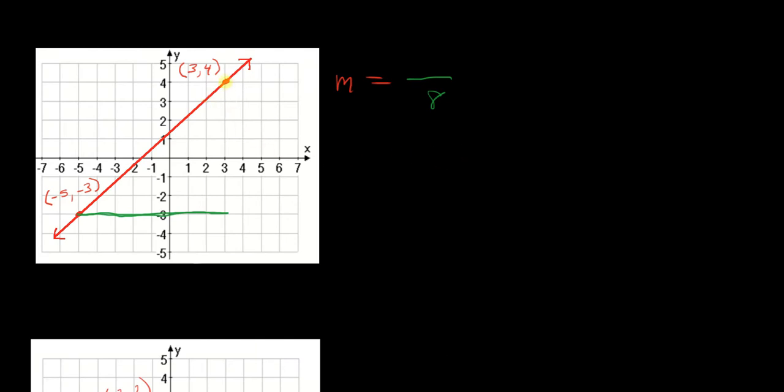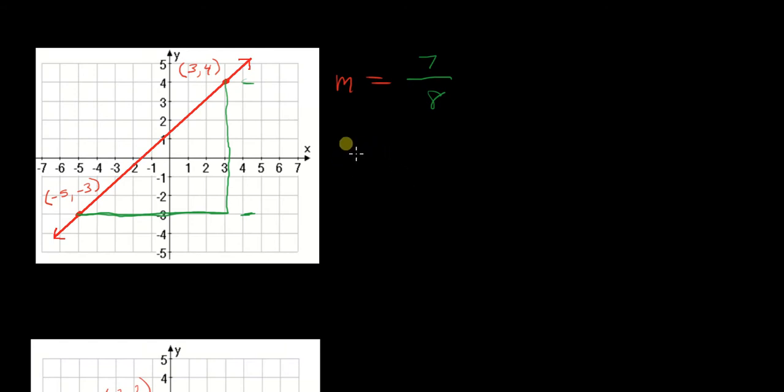And then what changed with y? Because x was at -5 and we increased it up to 3, what did that do to y? Well, y was here at -3 and it increased up to here to +4. And what's the distance? 1, 2, 3, 4, 5, 6, 7. So our slope is 7/8.